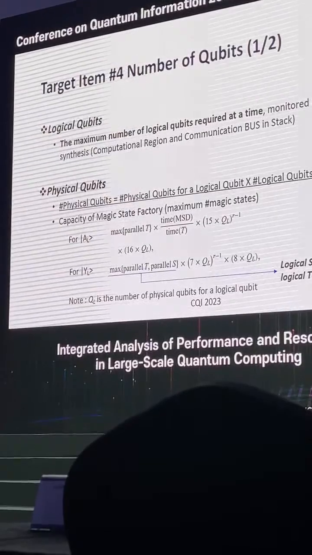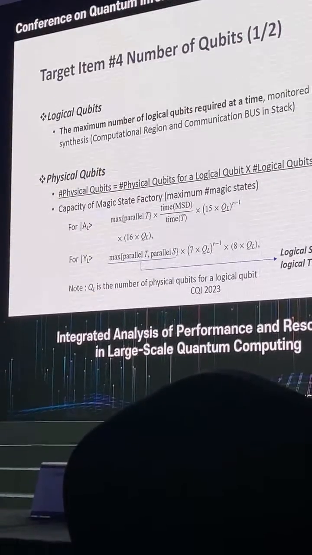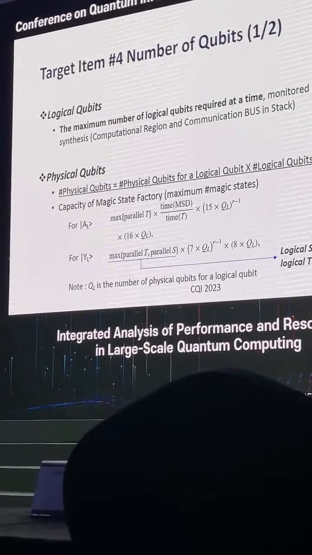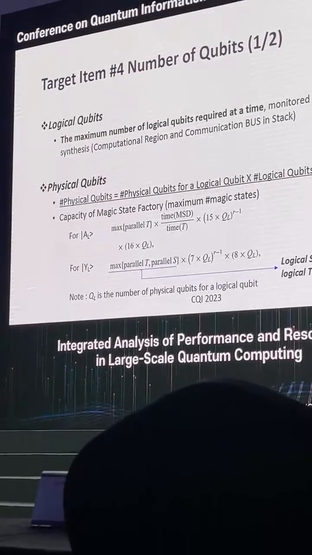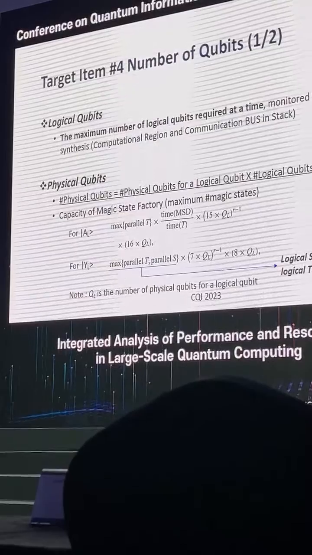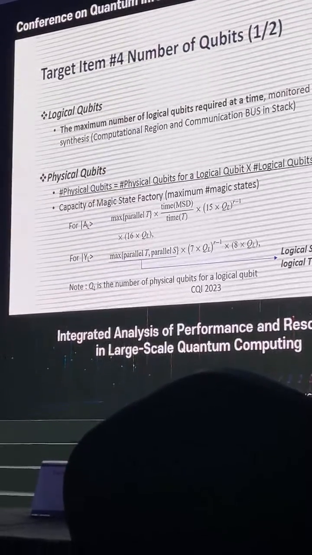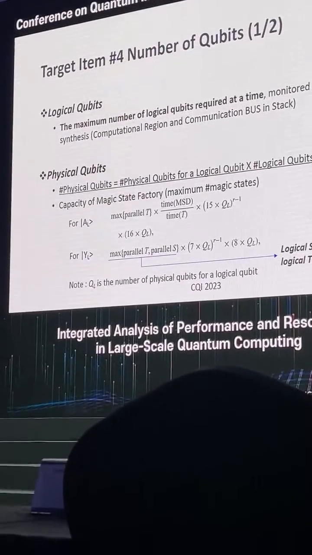It is defined by the number of physical qubits per logical qubit and the number of logical qubits. Here we also consider the magic state factory capacity, like this formula. Actually, A state for base state and Y state for logical S.